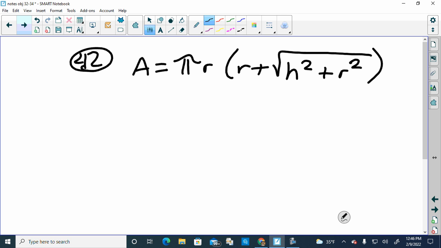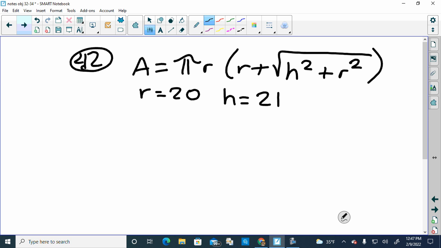Okay, so really the only letters we're dealing with are R and H, right? So on 42, did they give us R? No. Oh, yes. So in the drawing, they put it in the drawing, which was what? 20. Okay, so we have the R, which is 20. And then height is always the one that forms 90 degrees with that side, so the height on that one is going to be 21. Okay.